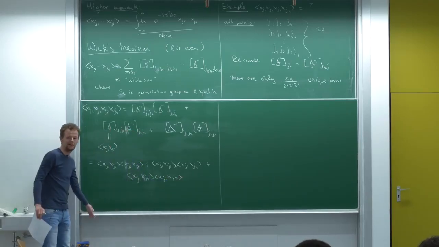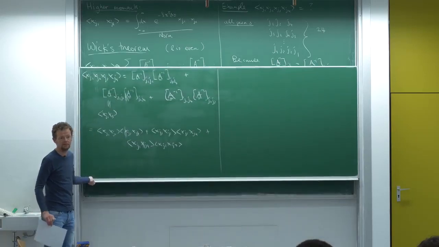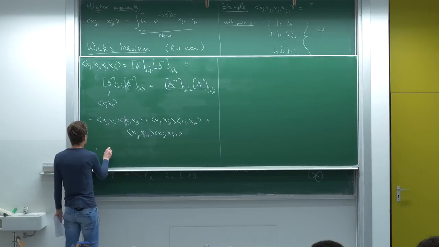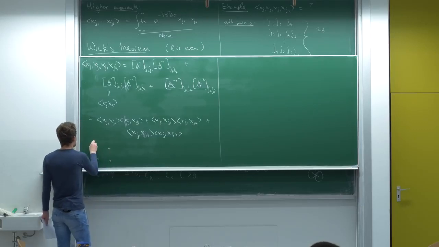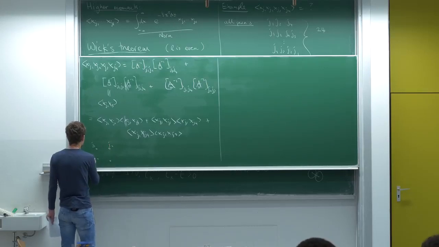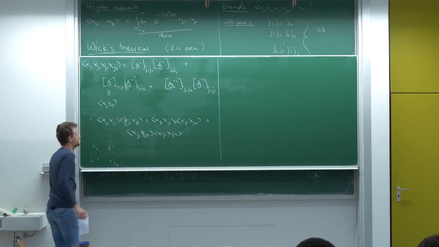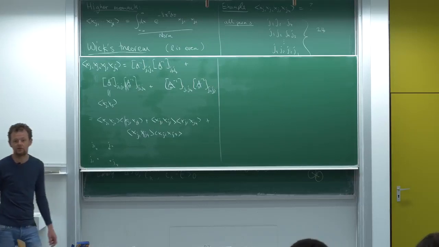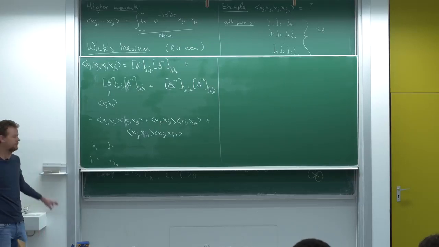There it is. And we have a little graphical mnemonic to help us remember these terms. It's very tempting when you see 4 things collected in pairs to draw lines between dots.